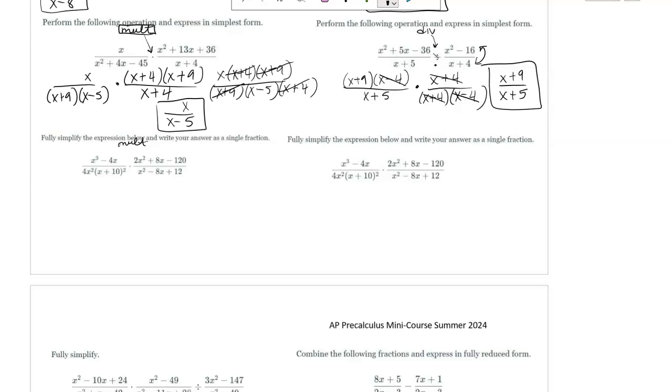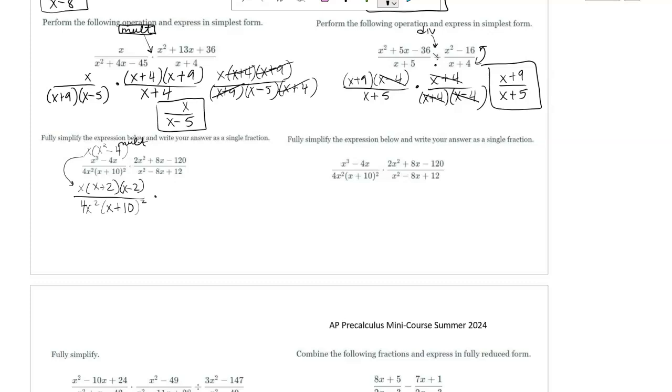I can take an x out of the first numerator, and that leaves an x squared minus 4. Now that itself can be factored as a difference of squares. So in the end, this will be my factored numerator. On bottom, I have a 4x squared that's already been factored out, and I have an x plus 10 times itself. There's nothing more, that's already factored.